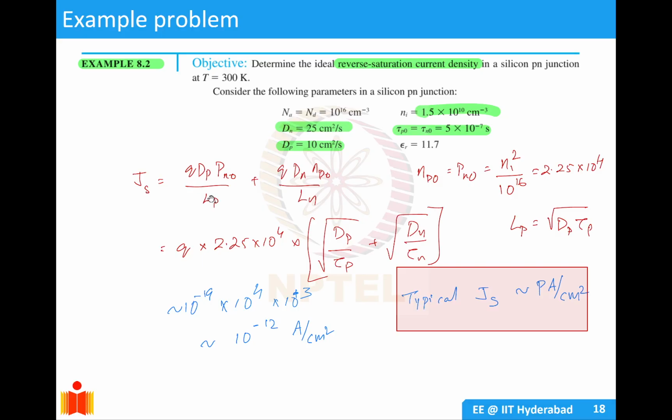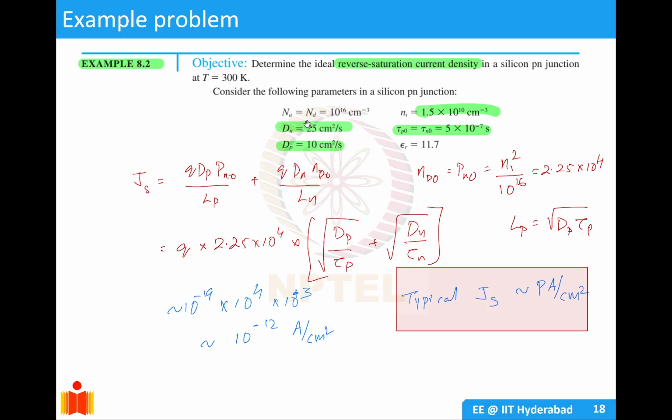So Dp and under root Dp cancel, Dn and under root Dn cancel. So you get under root Dp by tau p plus under root Dn by tau n. These values you can calculate from Na, Nd. So you will get Ni squared by 10 power 16, which is 2.25 into 10 power 4.